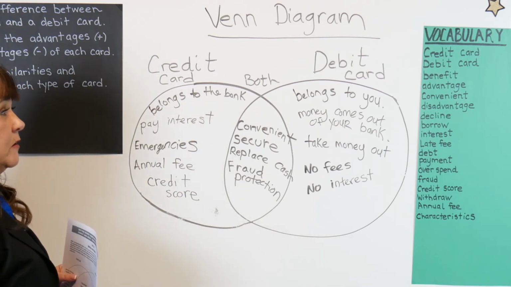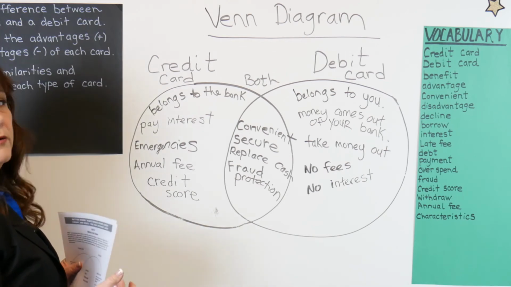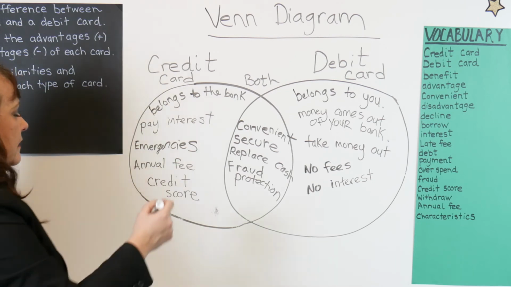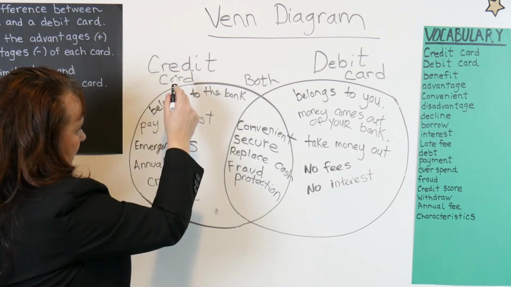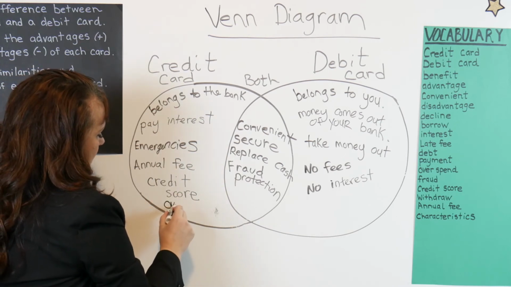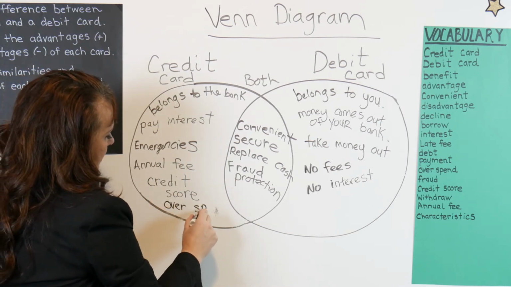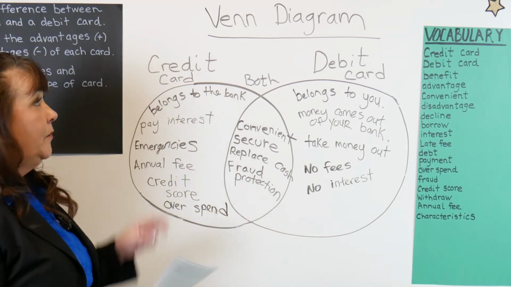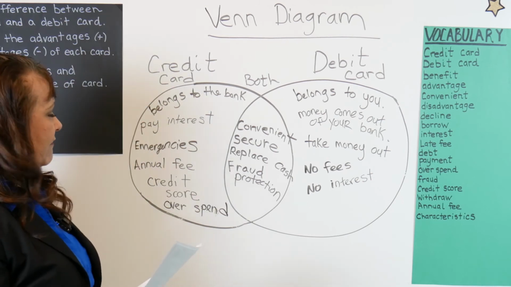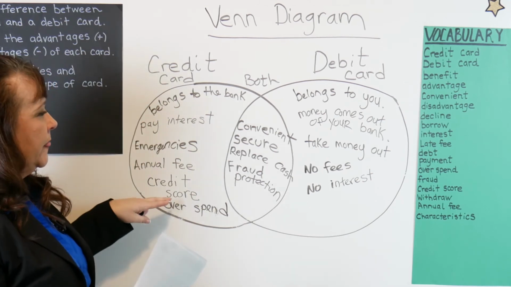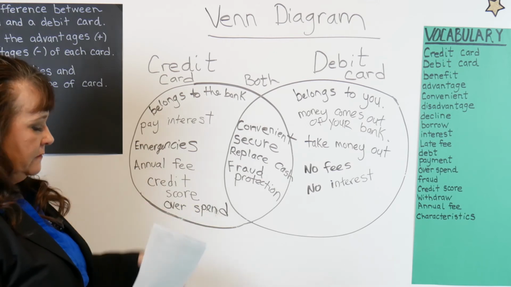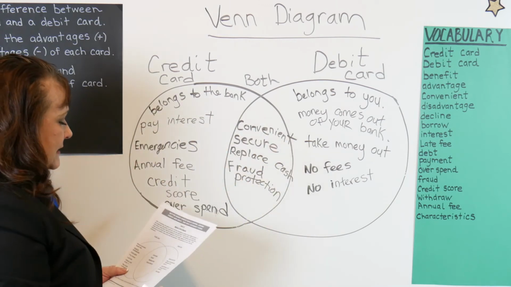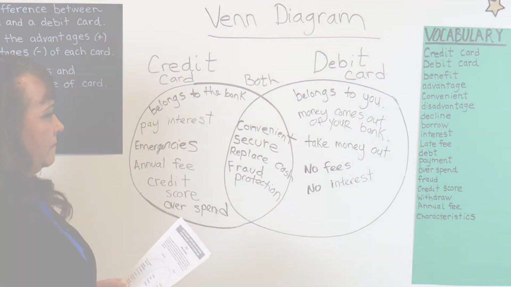Credit scores are good when you want to buy a car or a house. They'll look at your credit score. So that is good. However, sometimes people overspend on a credit card. That means they borrow money from the bank that they don't have and they buy too many things. They overspend. So those are some of the things that are the same and different about a debit card and a credit card.